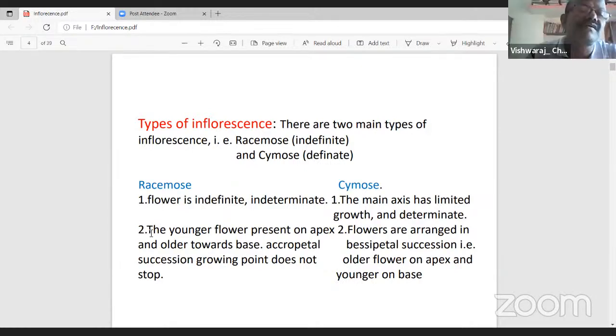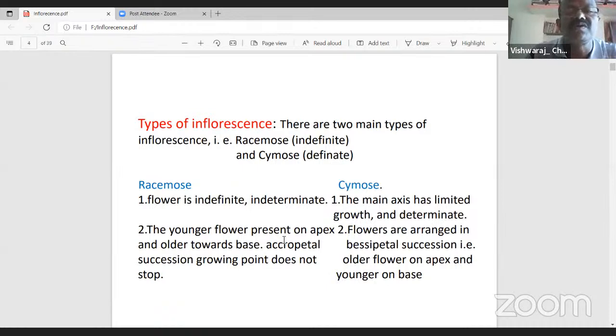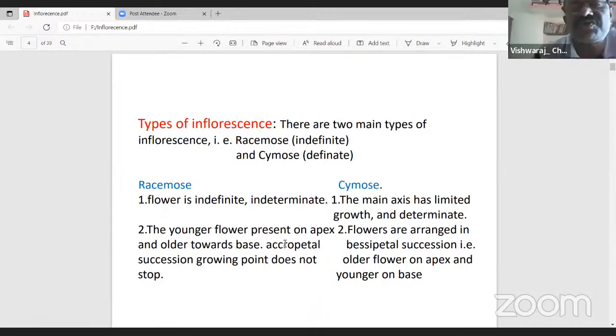Then the second point: the younger flowers are present at the apex and older ones at the lower part. Suppose in the pedicel, at the apex part, younger flowers are present. They are in budding condition. They are immature.